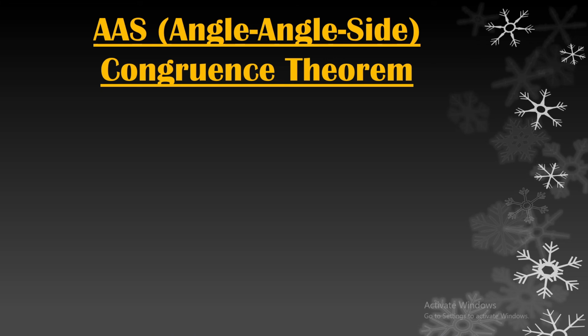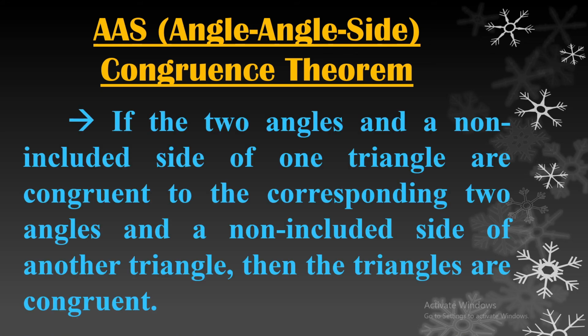But for this AAS theorem, the letter S is at the end. That means the side is not the included side. So it states that if the two angles and a non-included side of one triangle are congruent to the corresponding two angles and a non-included side of another triangle, then the triangles are congruent.